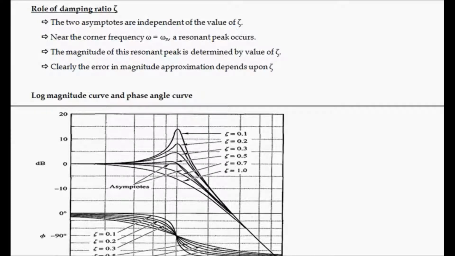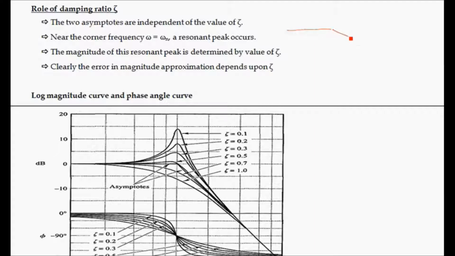The role of damping ratio zeta in the quadratic factor. As we have already learned, for a quadratic pole the Bode plot can be approximated by two asymptotes, one at 0 dB and the other at minus 40 log omega divided by omega n, and these two asymptotes meet at omega equal to omega 1, that is, at the corner frequency.